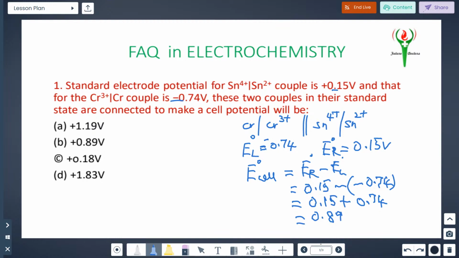Understood? This is the answer for this. So among this option, you know that B is the correct option. Understood? Simply, cell potential means this is a formula: right hand side minus left hand side. Simply. Okay? Can you understood? Okay. Now let us see the second sum.